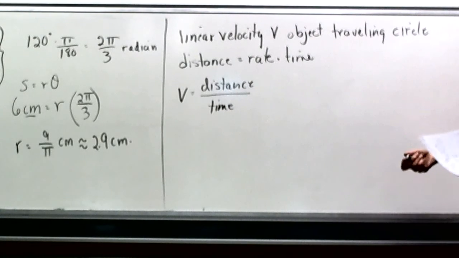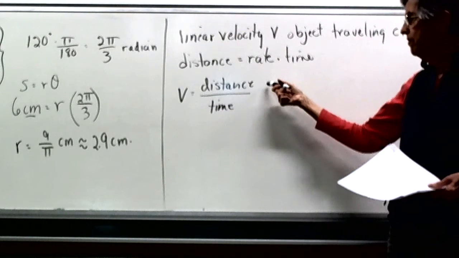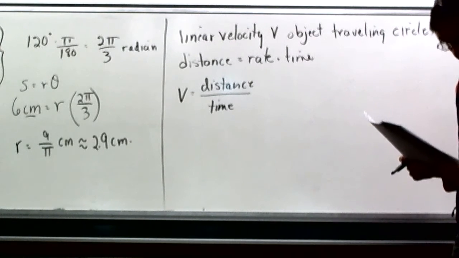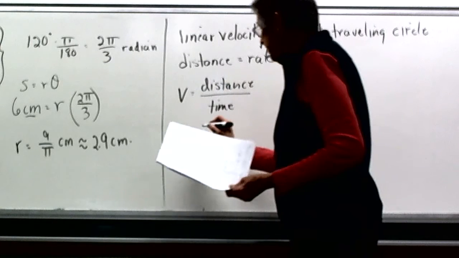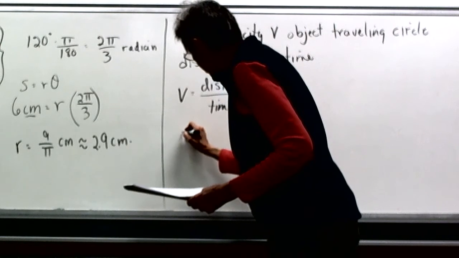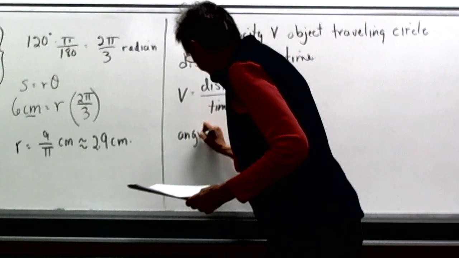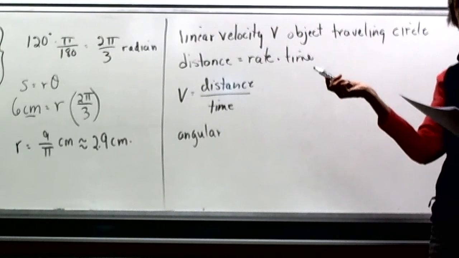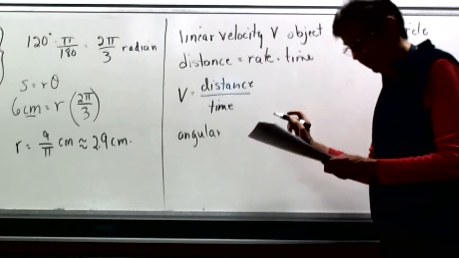So the units are going to be things like miles per hour or feet per second or maybe meters per second and so on. Now angular velocity is something we haven't discussed before, and that is the speed that the angle, the central angle, is changing in the middle of the circle.